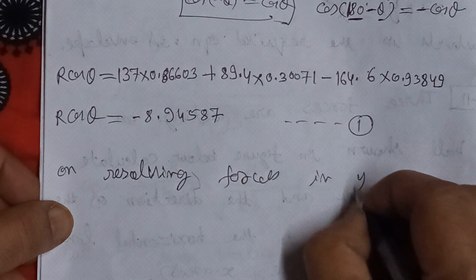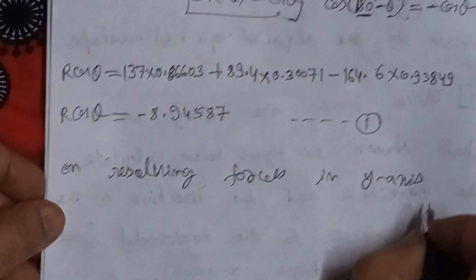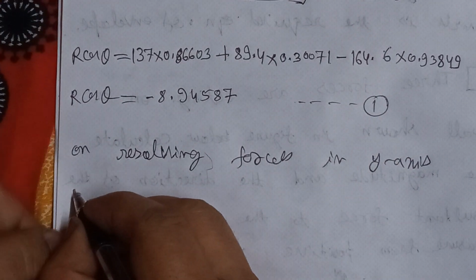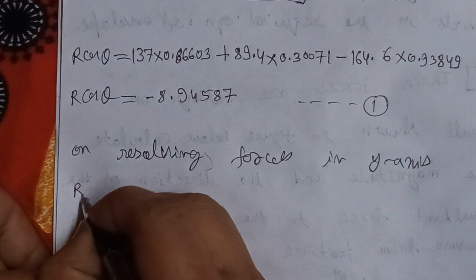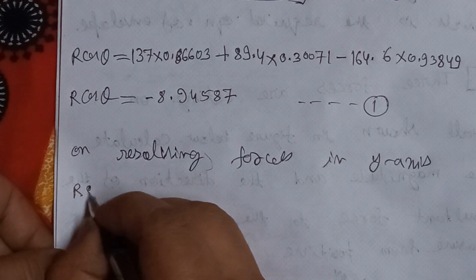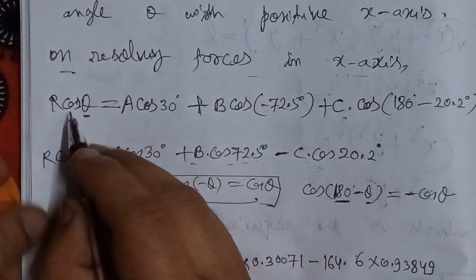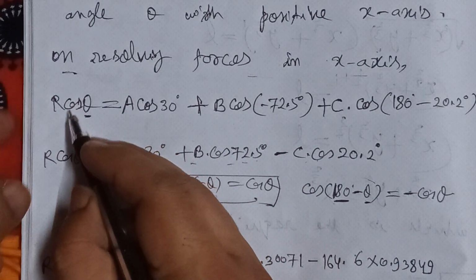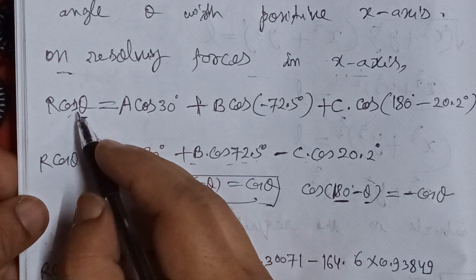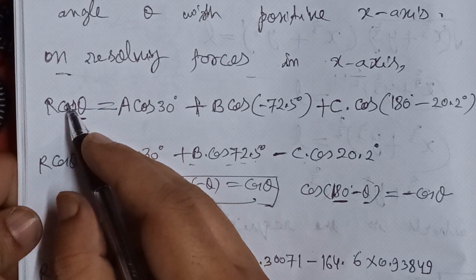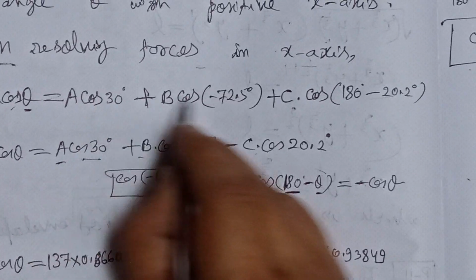Also in the same process, on resolving forces in the y-axis direction, we get the resultant portion r sin theta. You only have to change cos to sin, writing sin in place of cos in all these values.